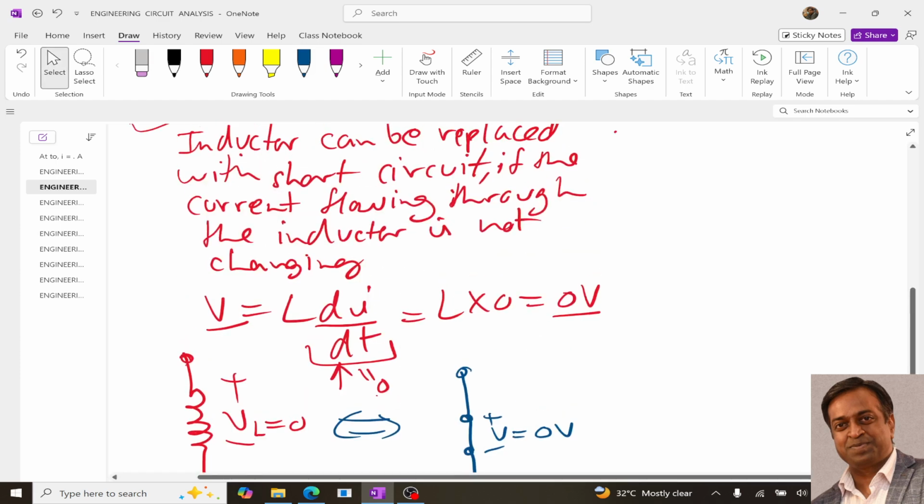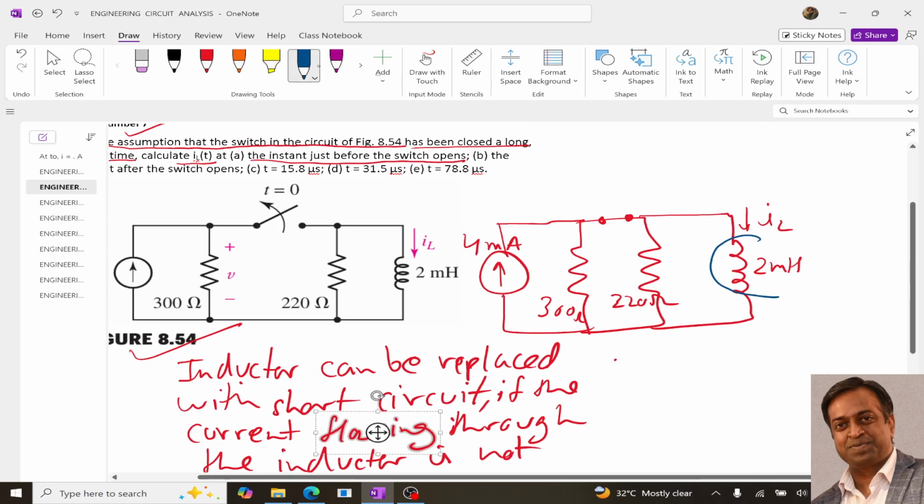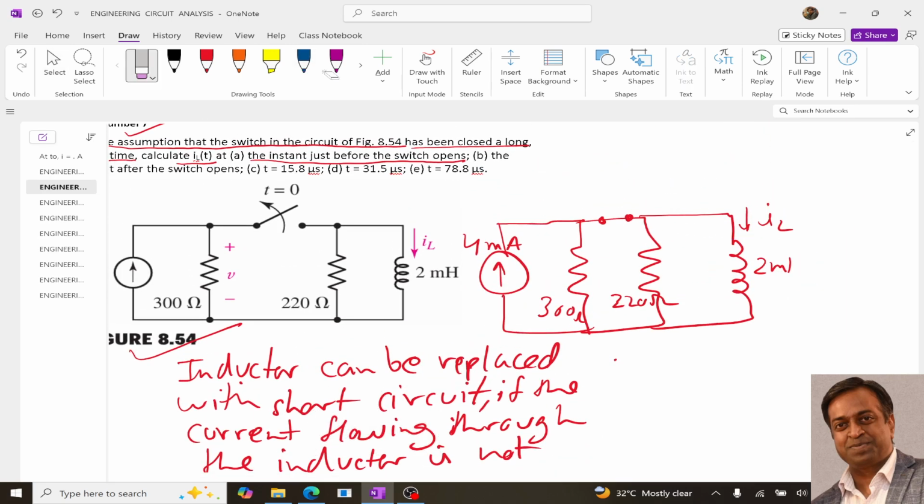So from this reasoning, we can replace this inductor with a short circuit, and my circuit will be like this. But remember, replacing the inductor with a short circuit does not mean that we do not have the inductor over here. It simply means that the voltage drop across the inductor is 0, and just for analysis purposes I am replacing it with a short circuit, but the inductor still exists over here.